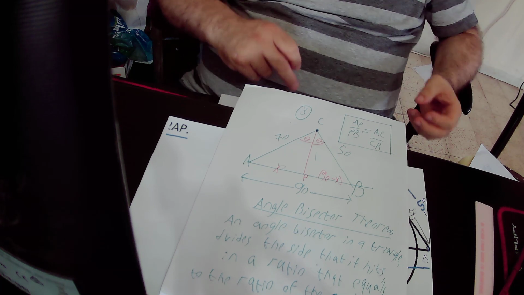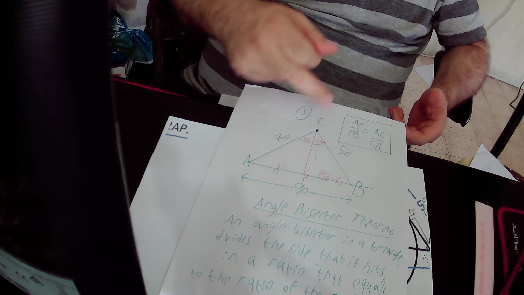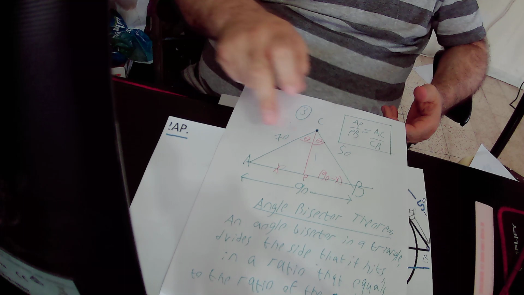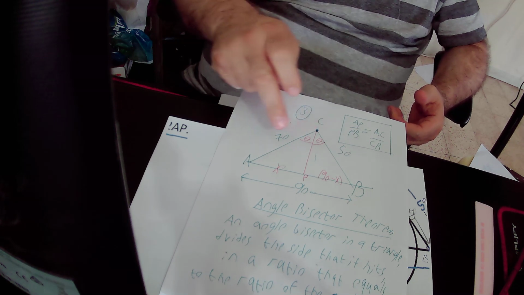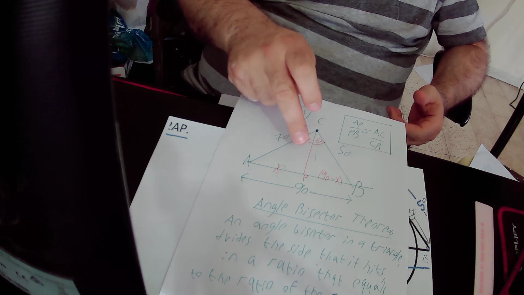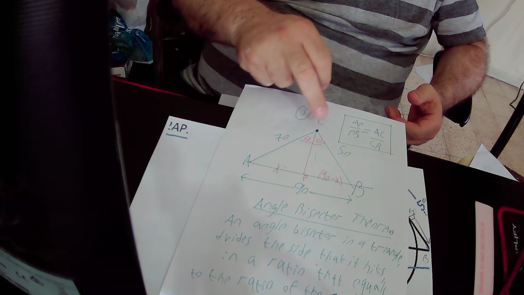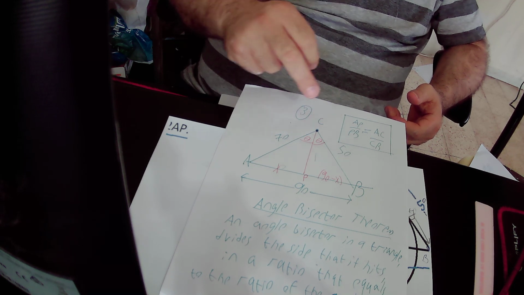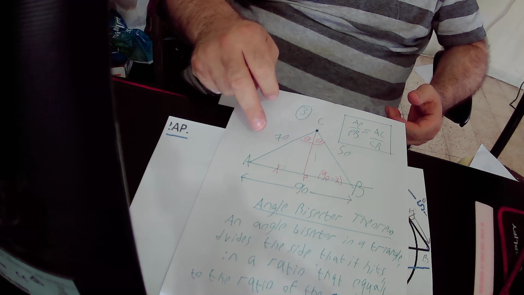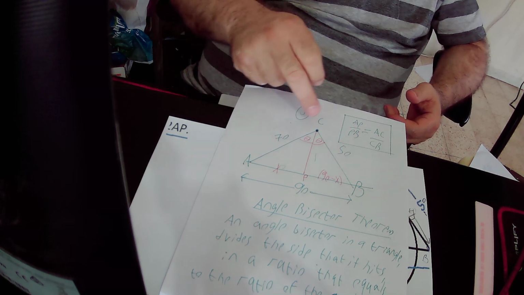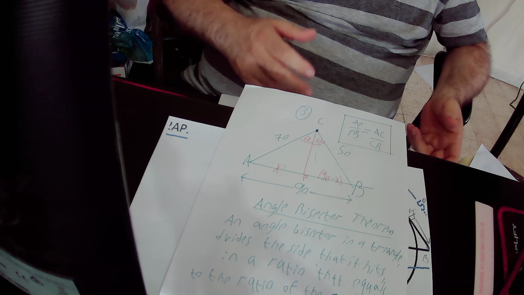According to the angle bisector theorem, the angle bisector PC divides side AB into two parts, and the ratio between those two parts, AP over PB, equals the ratio between the sides of angle ACB, which is AC over CB. So AC over CB equals AP over PB.